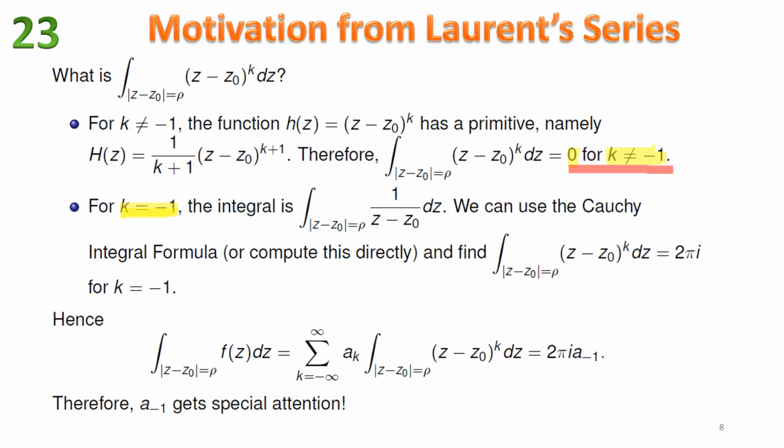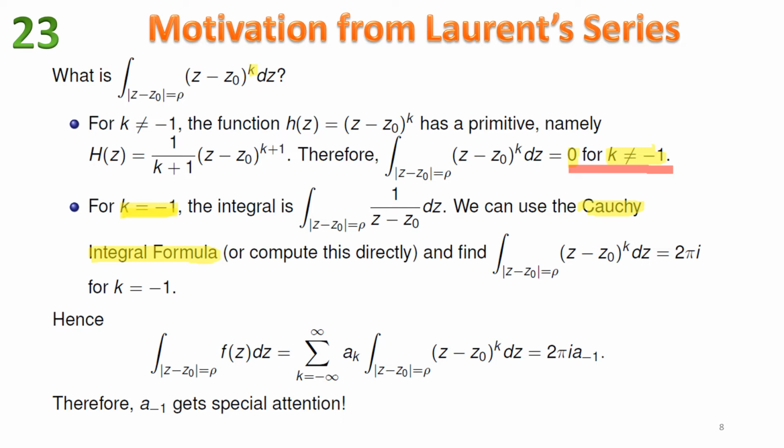We have plugged in k equal to minus 1, so this function blows at z equal to z0, and to solve this integration we are going to use the Cauchy integral formula. We have done this in the earlier lectures. I would like students to go back to that video and understand the Cauchy integral formula and the parameterization concept that we have done.